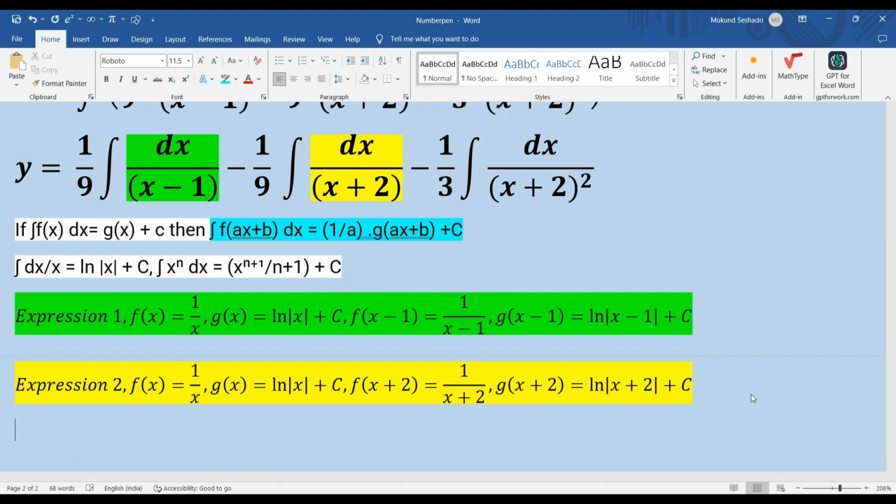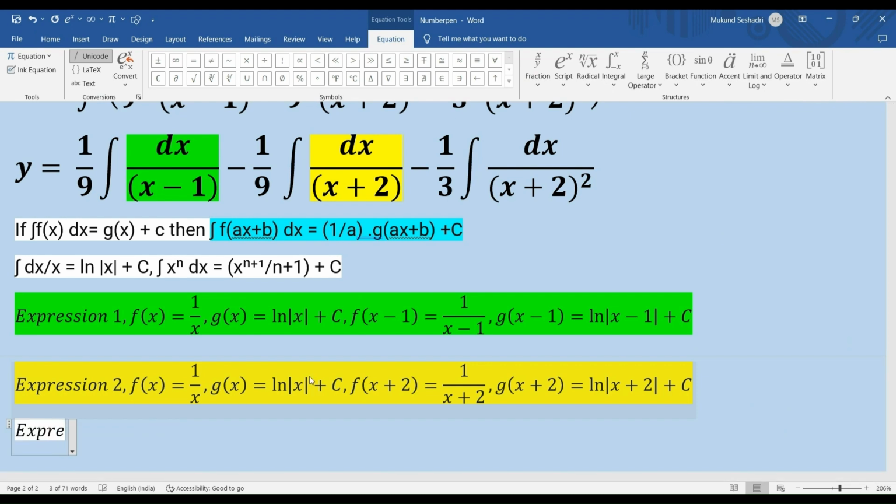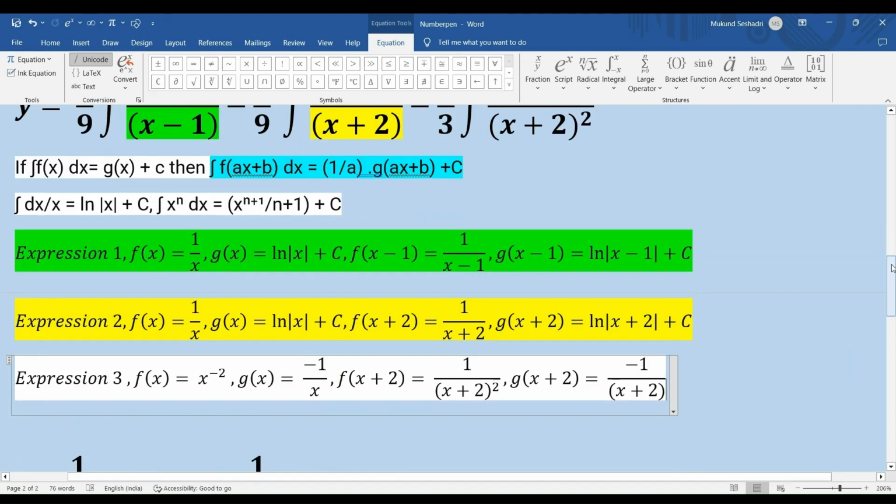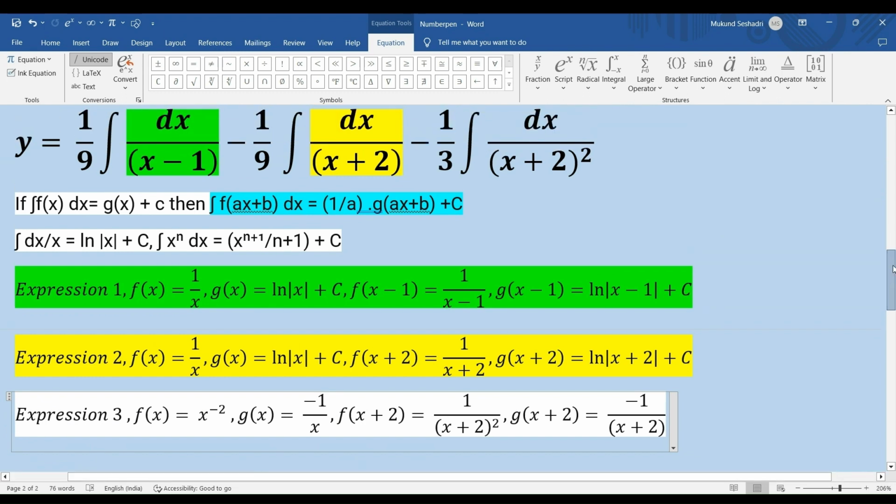So let's write down our expression 3 here. So my expression 3, which is integral of dx by x plus 2 the whole square. So I'm going to be using integral of x to the power n dx equal to x to the power n plus 1 divided by n plus 1 plus c to solve the expression 3, right?